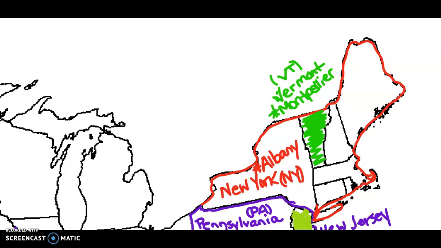Alright, our next small state here, I'm going to color it in so it's a little easier to see which one I'm talking about. This is Vermont. Not Vermont. Lord, we already did Vermont. This is New Hampshire.